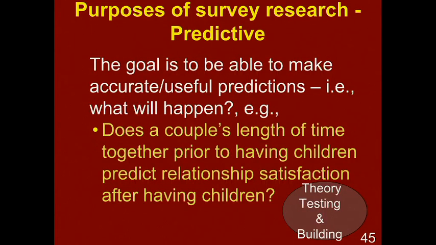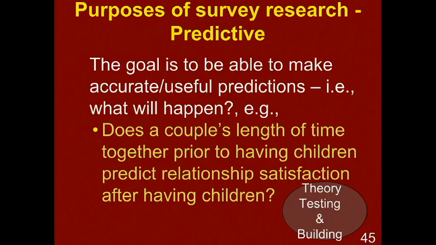And finally, where we're heading towards, hopefully, is being able to make useful and accurate predictions about what's going to happen next. So, does a couple's length of time together prior to having children predict their relationship satisfaction after having children? Maybe couples who spend longer together before they have kids are then happier after they have kids.